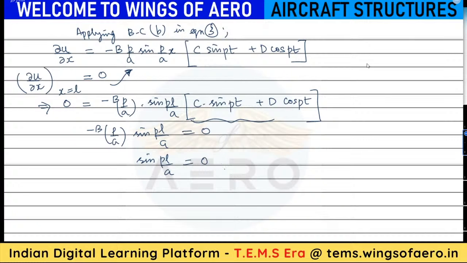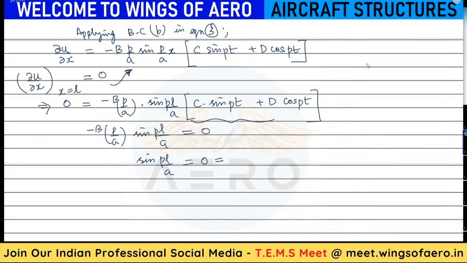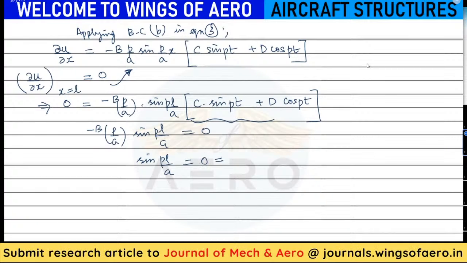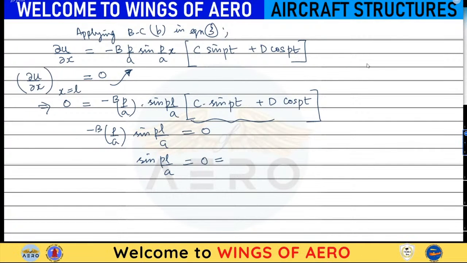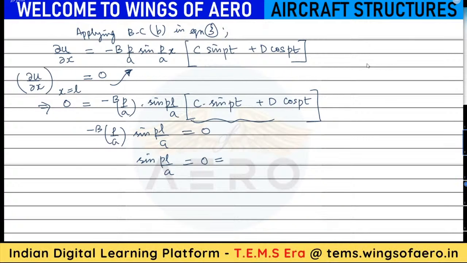Now what is another way we can write that sine 0? How can we write 0 in terms of sine? Mathematically you have solved something like that. Can you tell me how we can write the 0 in terms of sine? Sine n pi, ma'am. Very good.